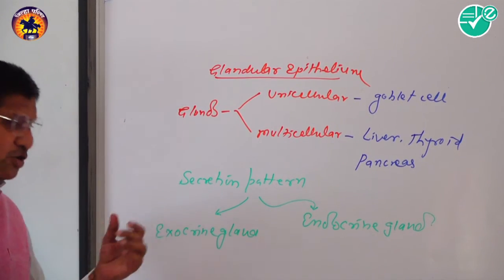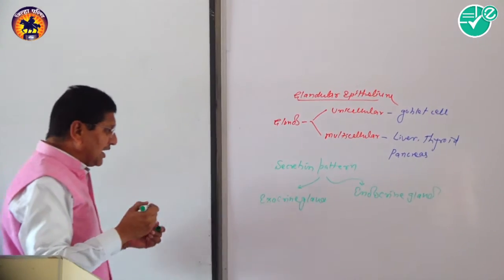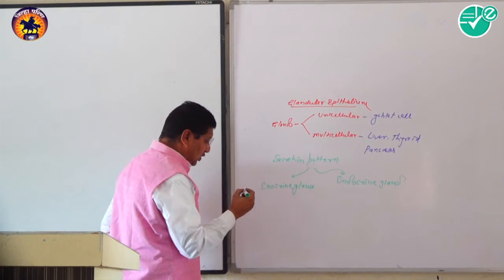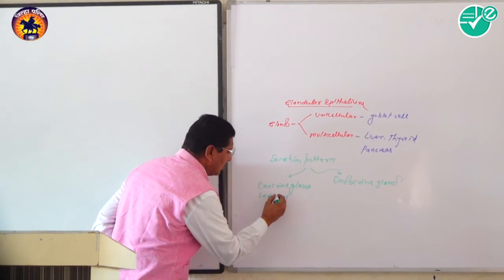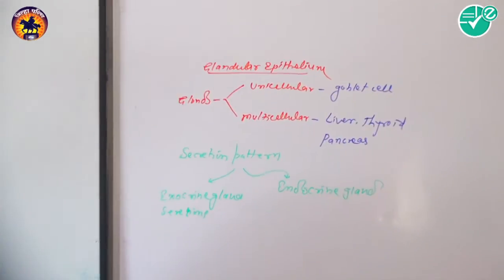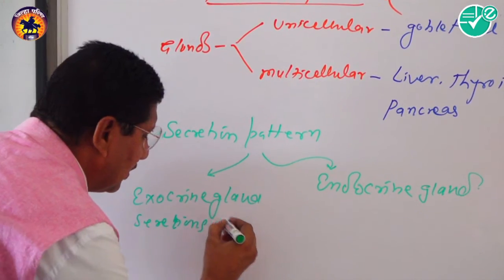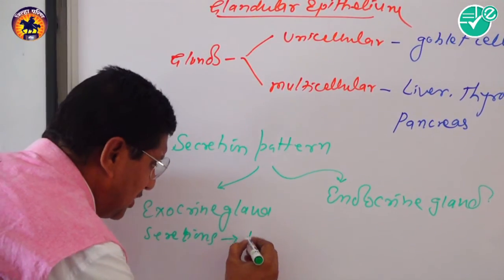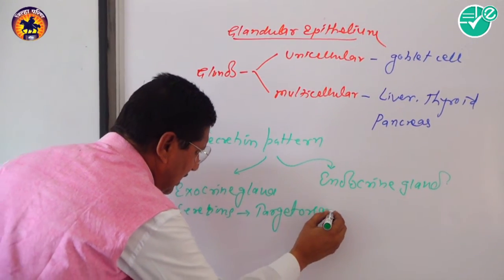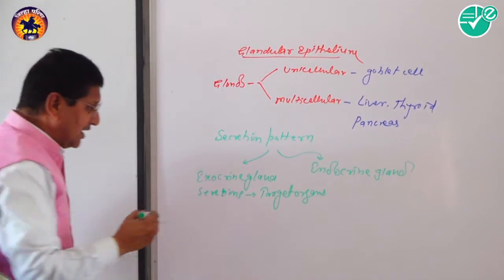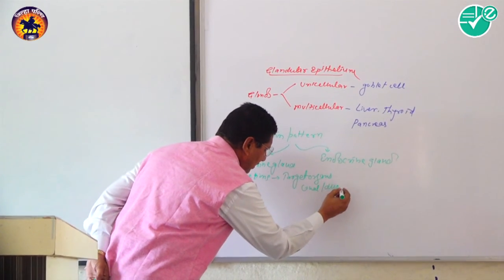Here we consider the exocrine gland. What are the exocrine glands? The exocrine glands are the glands which produce some secretions, and these secretions are transferred to target organs with the help of a canal or duct.